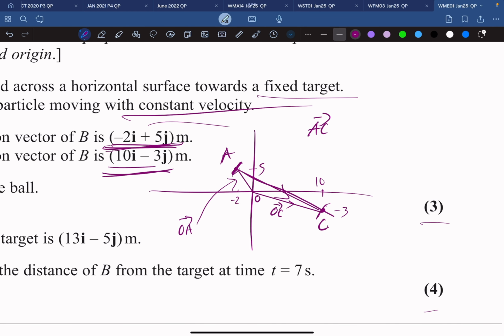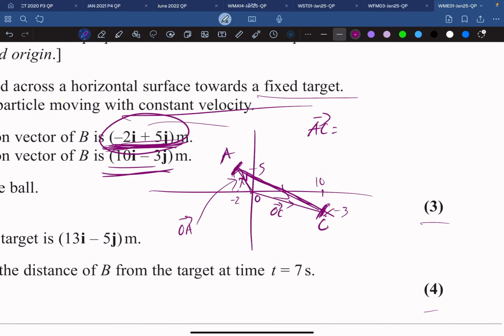How do we find out AC? In other words, how do we go from A to C? Not just straight from A to C, but using a different path. And that path is just this. A to O and then O to C. I hope that's intuitive. It should be. So you have AO plus OC. Notice, OA was minus 2i plus 5j, so AO is in the opposite direction, so you take minus.